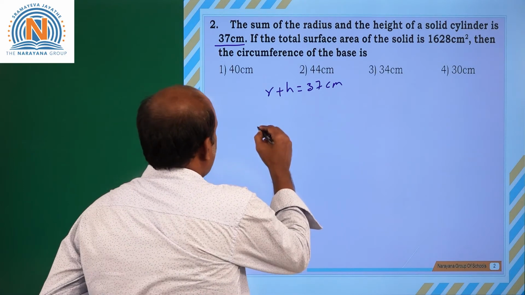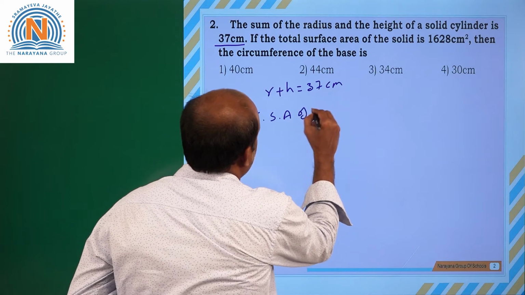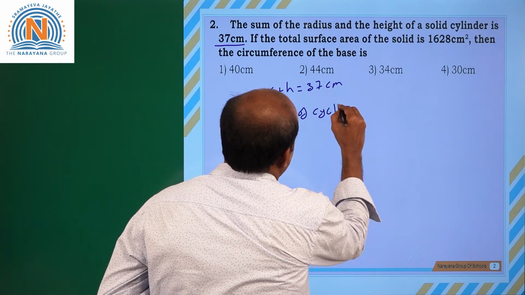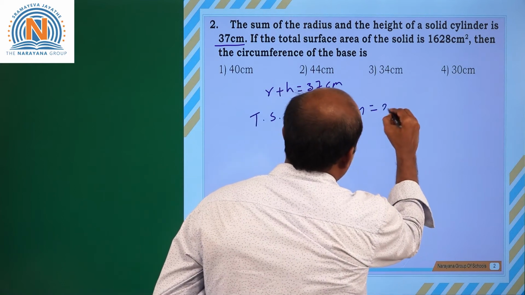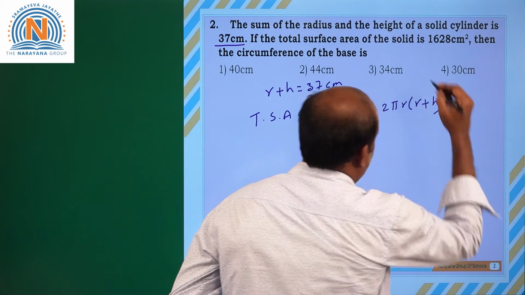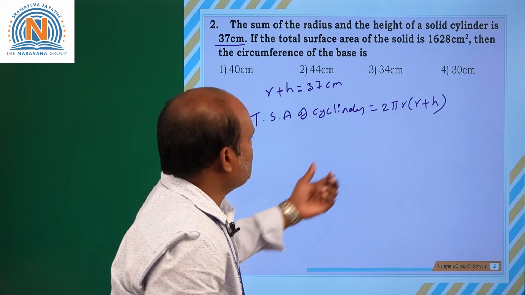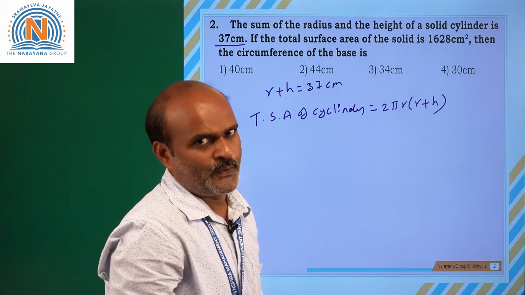So total surface area, TSA, of a cylinder is equal to 2 pi r into r plus h. We know this formula, right? Total surface area of a cylinder equals 2 pi r into r plus h square units.